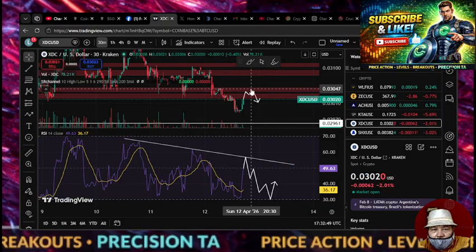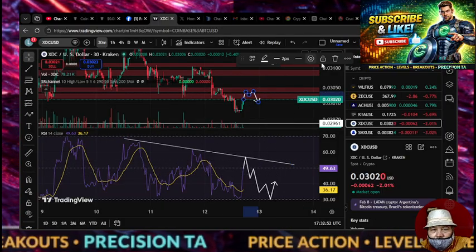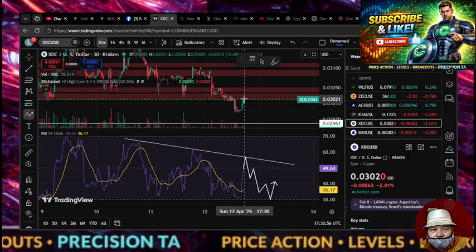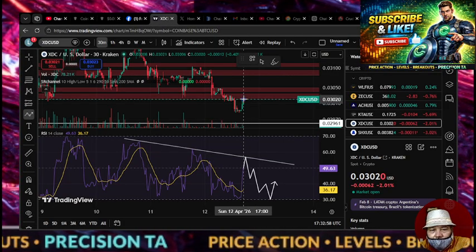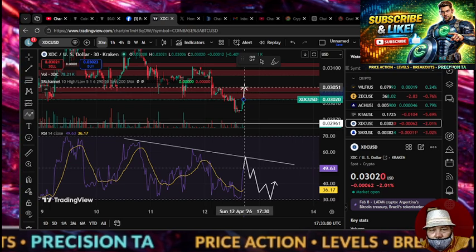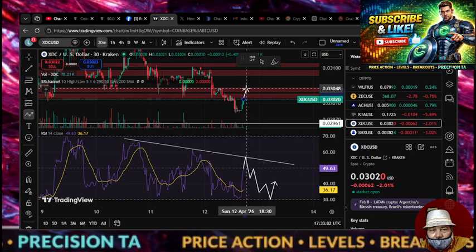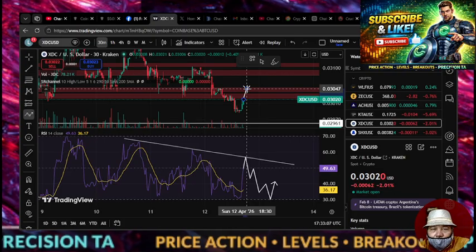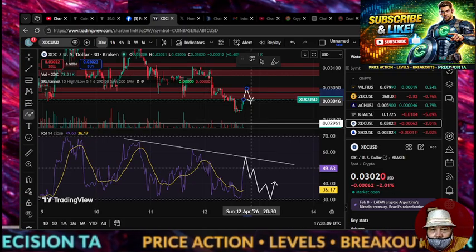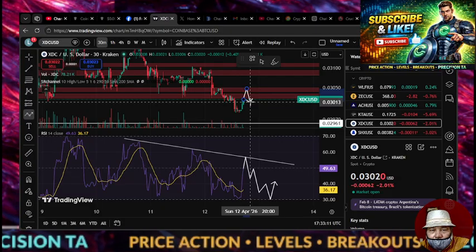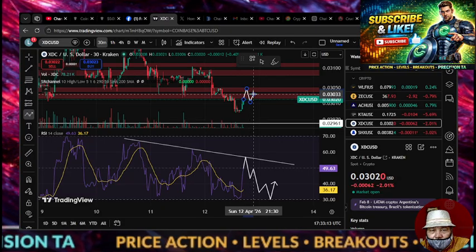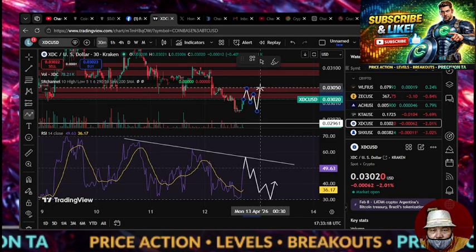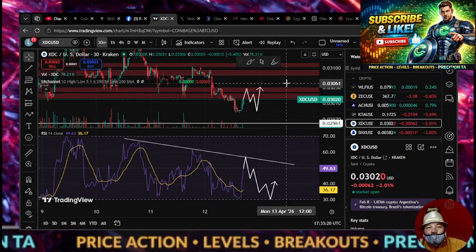So that's why up here, I'm looking for XDC to push up. We could push back up to this resistance level at 0.3048 before coming back down, and then regaining some momentum before going back up.